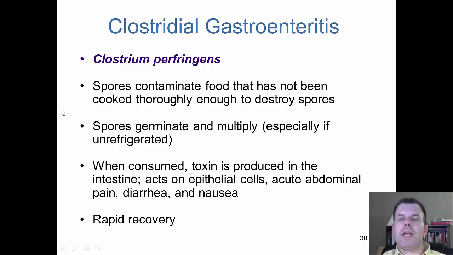All right, and then again, Clostridium perfringens, which causes gas gangrene, can also cause gastroenteritis, and again, it contaminates food that is not cooked enough to destroy the spores. The spores germinate and multiply, especially unrefrigerated, and then you consume it. The toxin is in the intestine, causes the epithelial cells to release. You get cramping and diarrhea, nausea, sometimes vomiting.